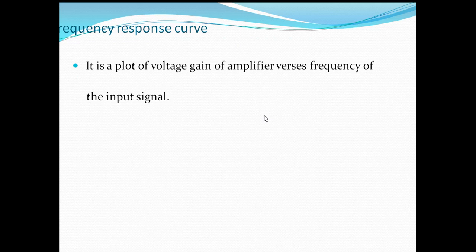The frequency response curve is a plot of the voltage gain of the amplifier versus the frequency of the input signal. Here the voltage gain is nothing but output voltage divided by input voltage. So gain versus frequency of the input signal gives the frequency response curve of that particular amplifier.